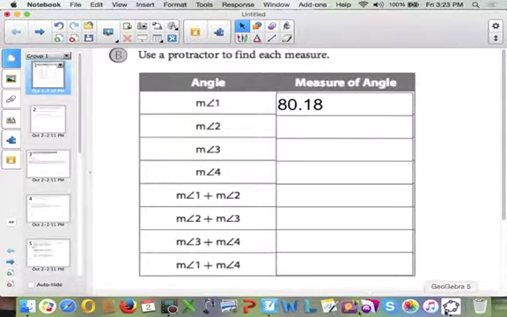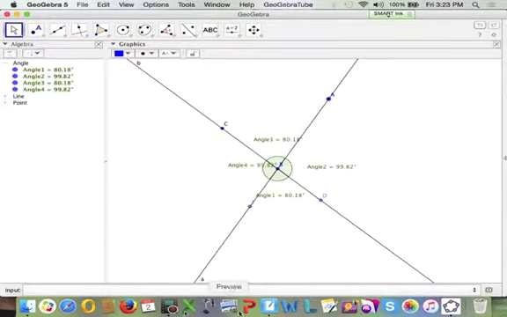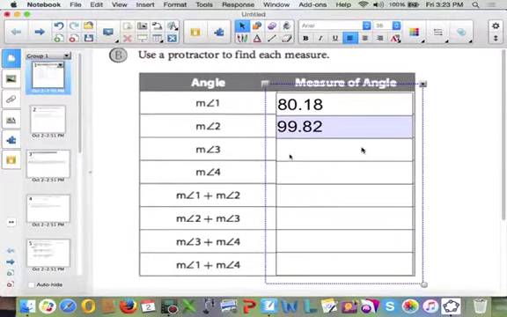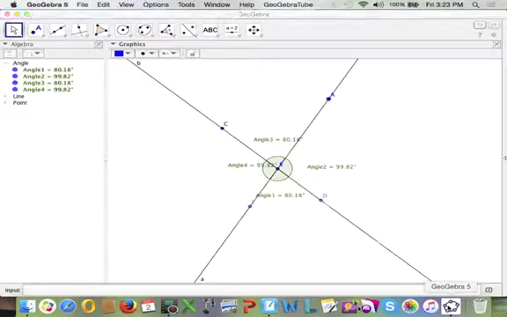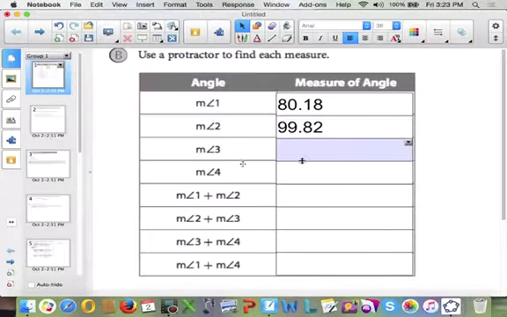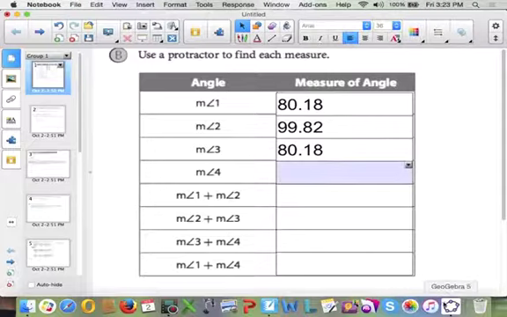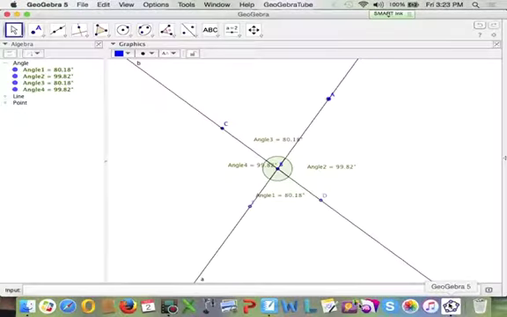Angle 2, 99.82. Angle 3, 80.18. And angle 4 is 99.82.